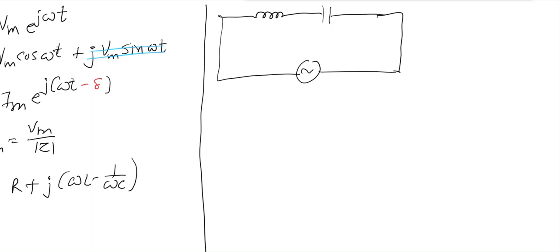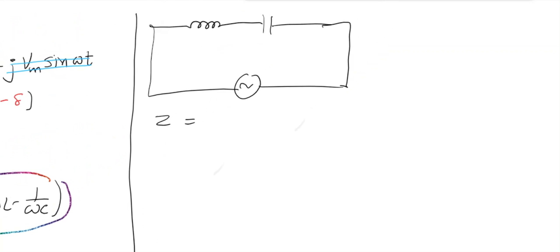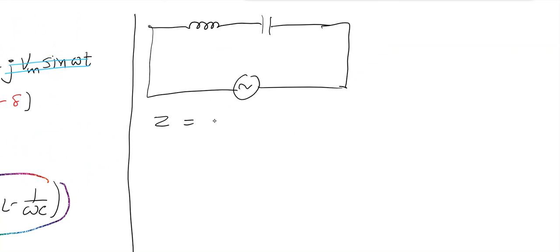So how much is the impedance for this circuit? Look at this, we don't have any R. So for this circuit, I can write Z as simply j omega L minus 1 by omega C. There is no real part.